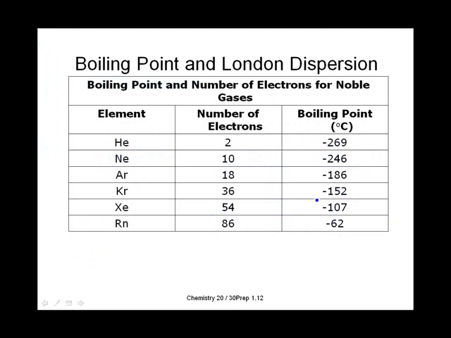So if we take a look at boiling points and London dispersion forces, if we just take a look at the number of electrons that an atom has, and these are all noble gases, we can see that as the number of electrons goes up, our boiling point goes up.